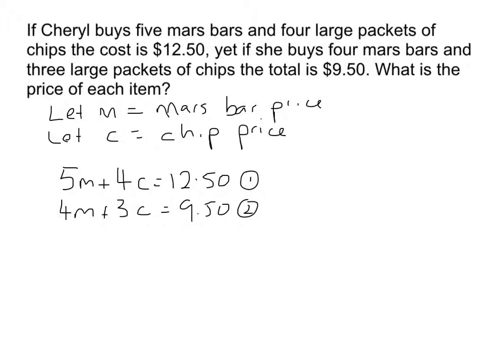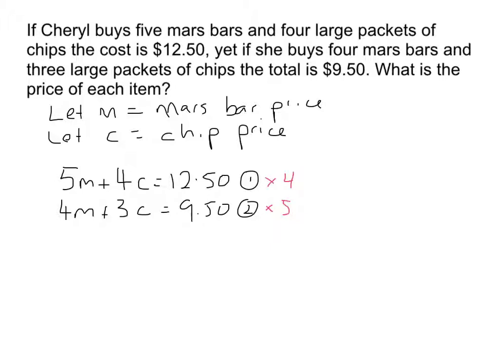Okay, I'm needing to solve these, so I need to look for a coefficient of either M or C which is the same. Neither is the case, so we might eliminate the M's. If we're going to eliminate the M's, we need to multiply this one by 4 and this one by 5, and that will make them the same.